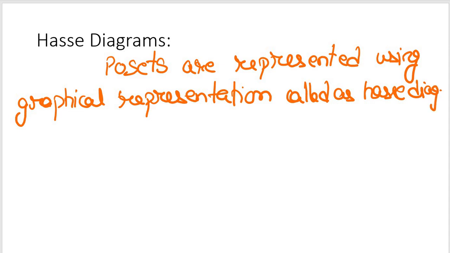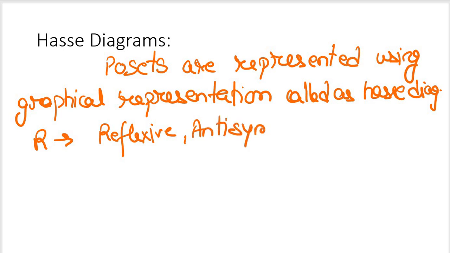So since we are dealing with partial order, we know that your relation must be reflexive, right? Your relation, and your antisymmetric, and your transitive. So what we do is we simplify the graph.